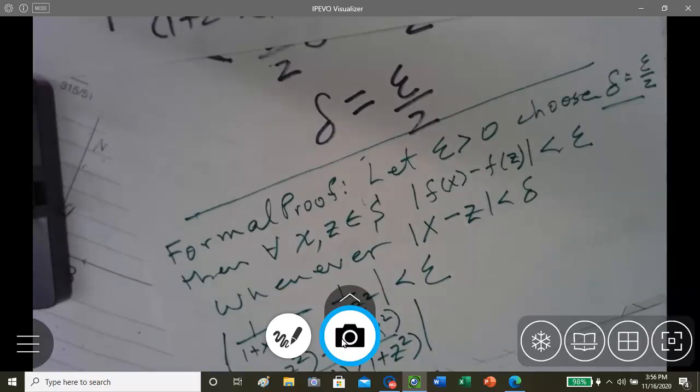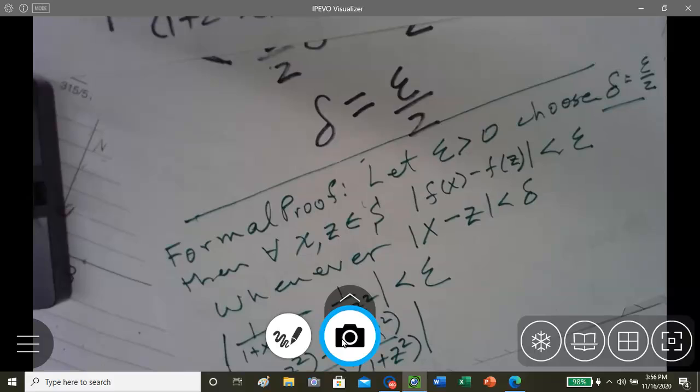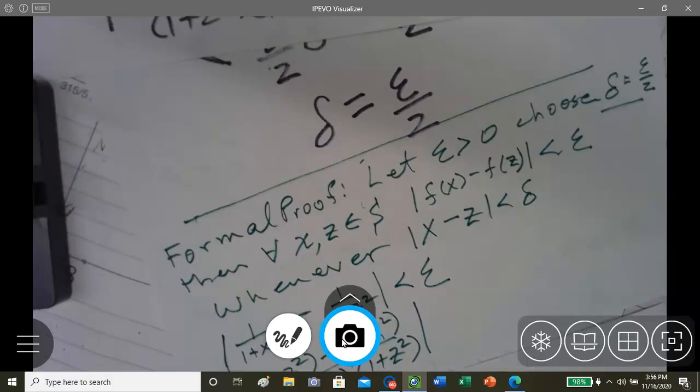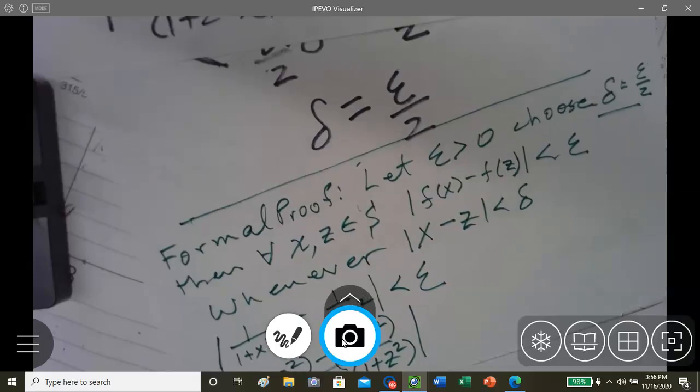That comes out to be 1 plus z squared minus 1 minus x squared over 1 plus x squared times 1 plus z squared, and that becomes z squared minus x squared over 1 plus x squared times 1 plus z squared.